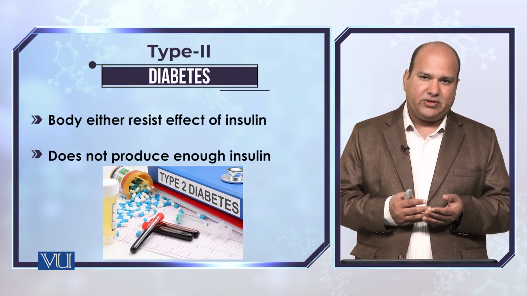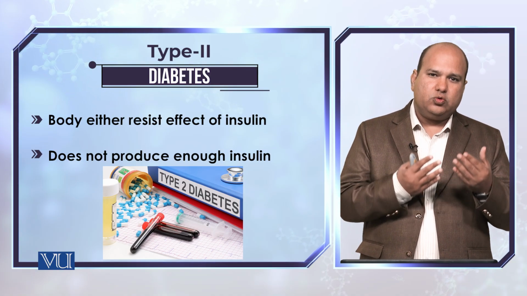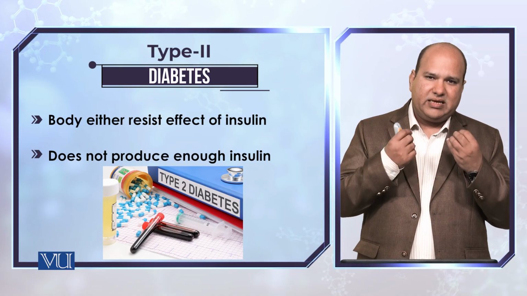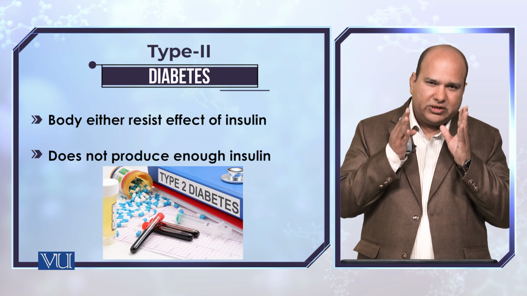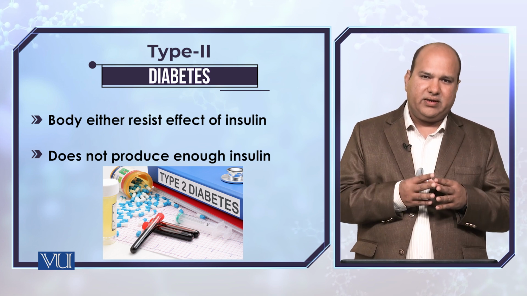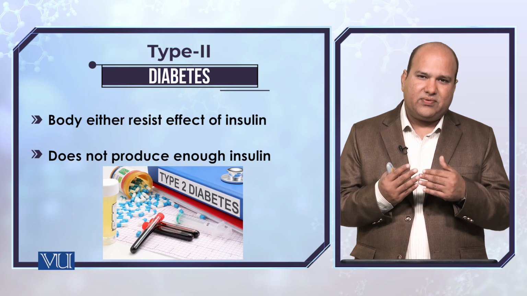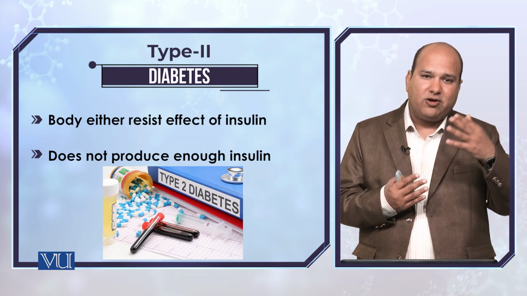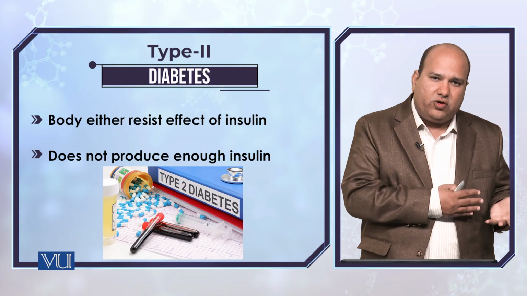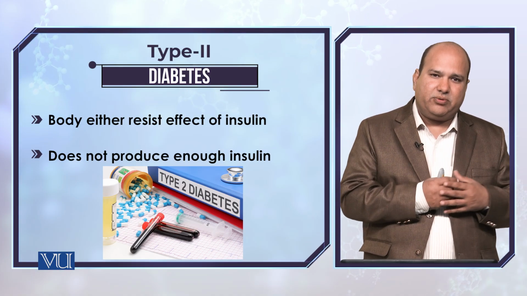And what is its function? Its function is to control the level of glucose in your blood. So if insulin is not performing its function, the level of glucose in the blood will increase, and glucose will not be available for energy production.